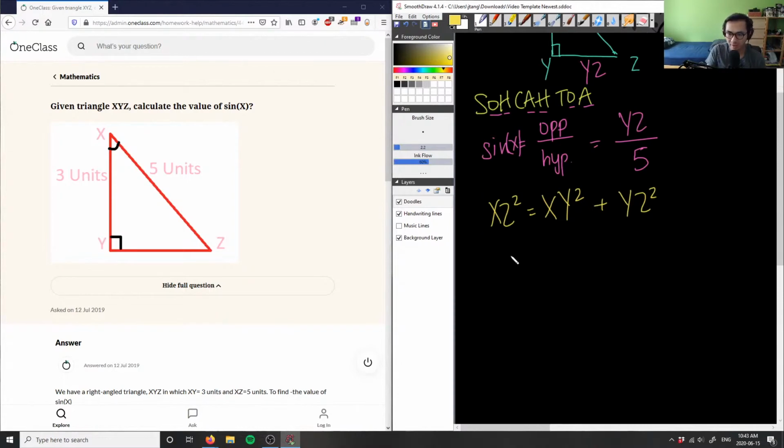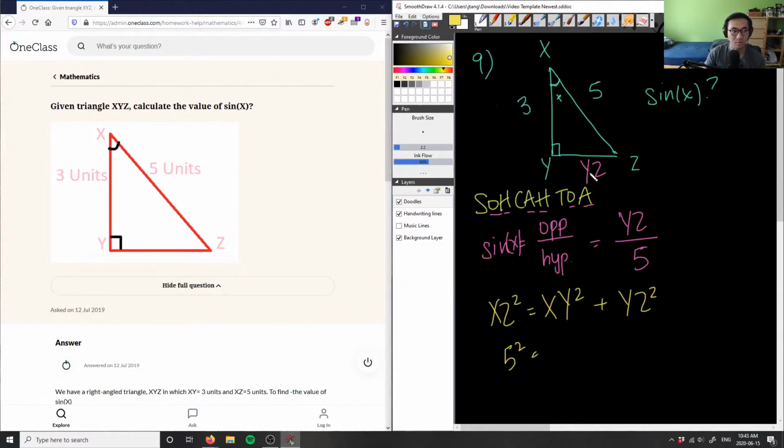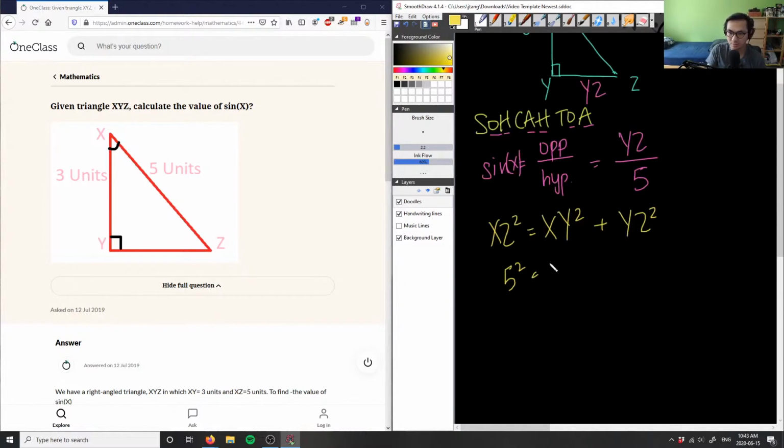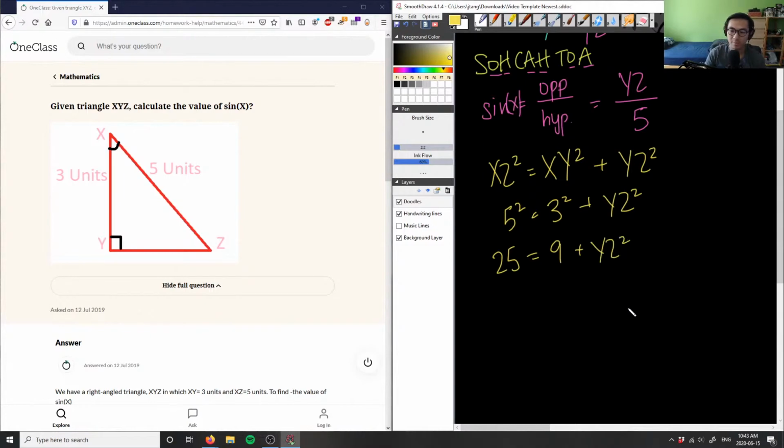So 5 squared is equal to, well, I know the length of XY is equal to 3, so we square that value. So we have 5 squared, which is 25, is equal to 3 squared, which is 3 times 3, which is 9, plus YZ squared.